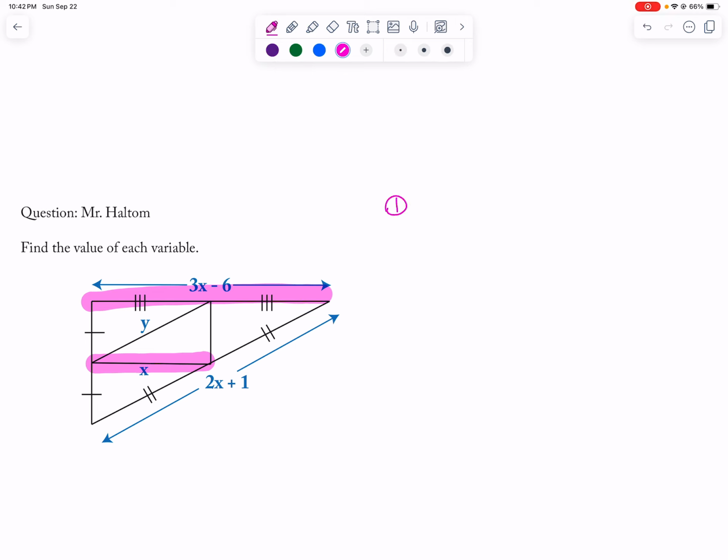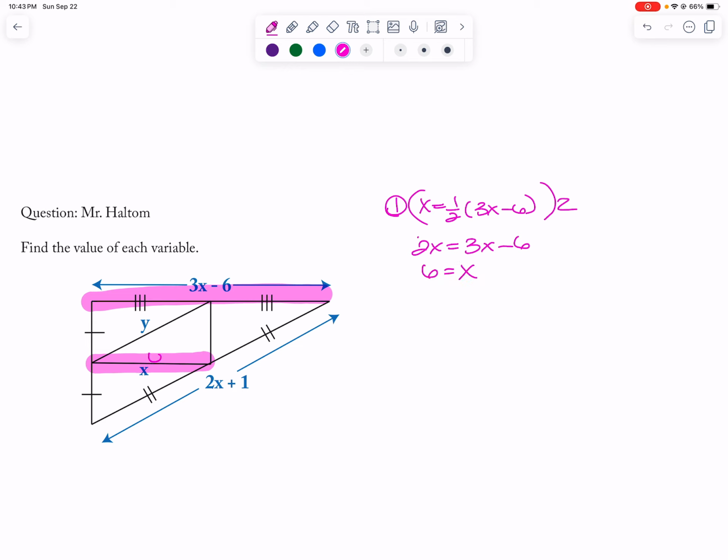So x is equal to 1/2 of 3x minus 6. I'm going to get rid of the denominator, so I'm going to multiply both sides of the equation by 2, so I get 2x is equal to 3x minus 6. So then 6 is equal to x.